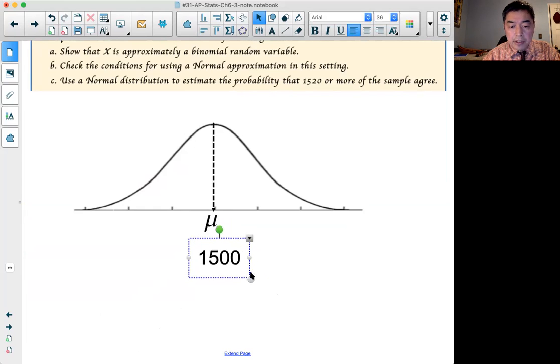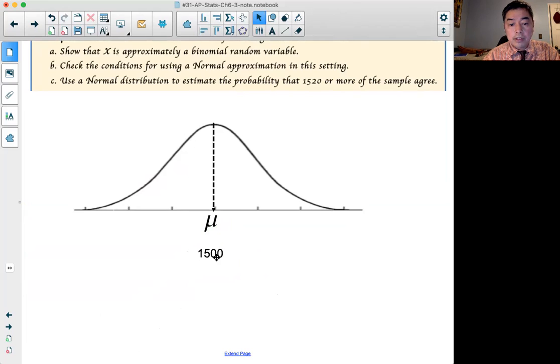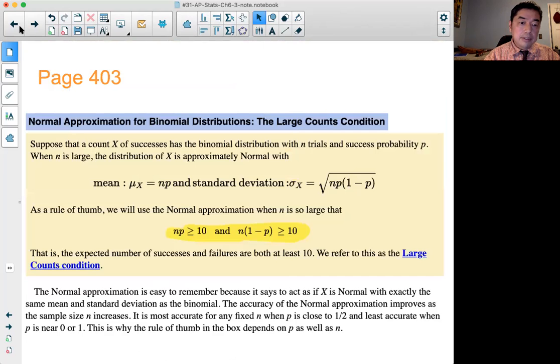Now standard deviation is the square root of n times p times failure, 1 minus p. So let's see. Put the square root sign.